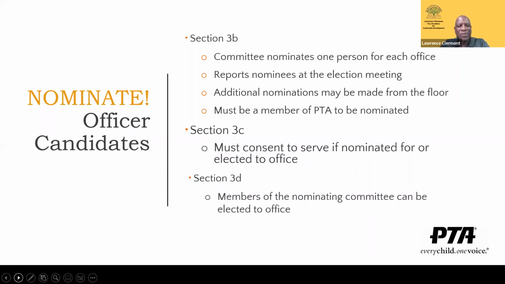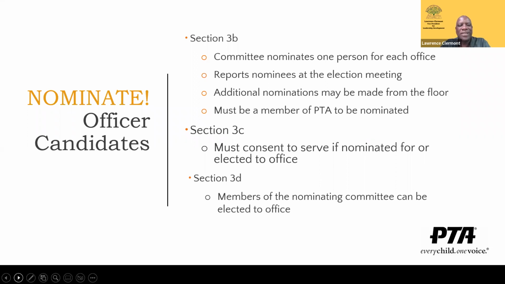Now, the purpose of the nominating committee is to select officer candidates, a slate of candidates for the positions. Now, the committee nominates 1 person for each office, and it is recommended that you check your bylaws because everybody's bylaws are different depending on the number of vice presidents or corresponding secretary.